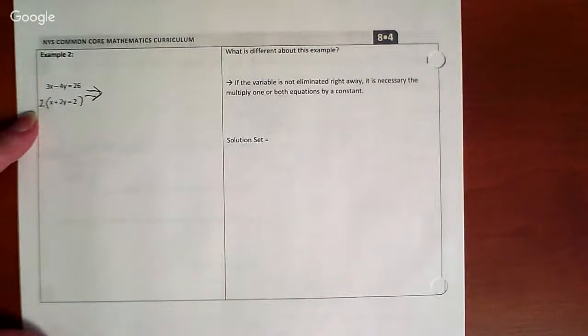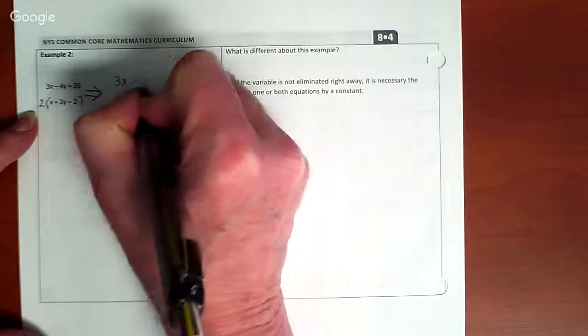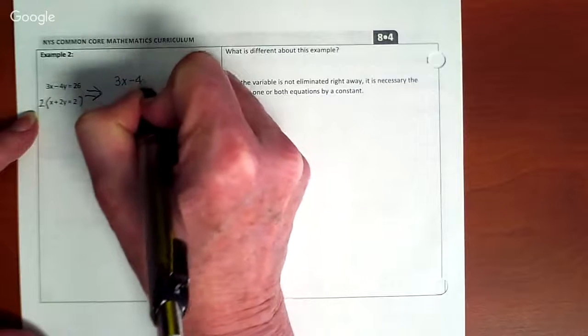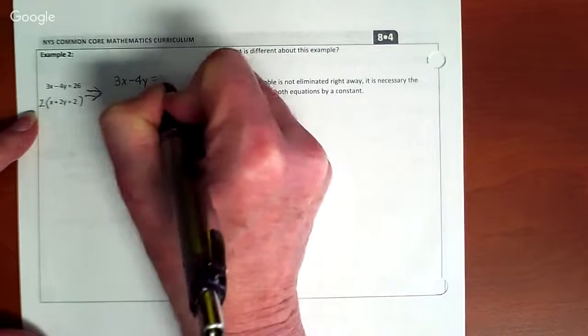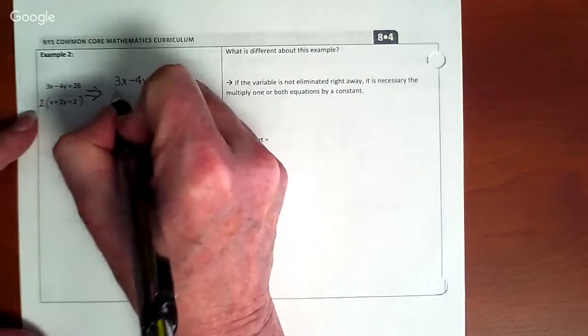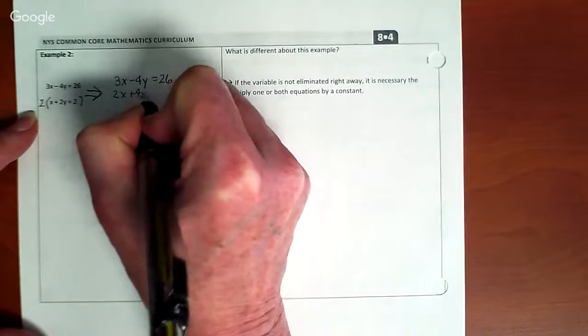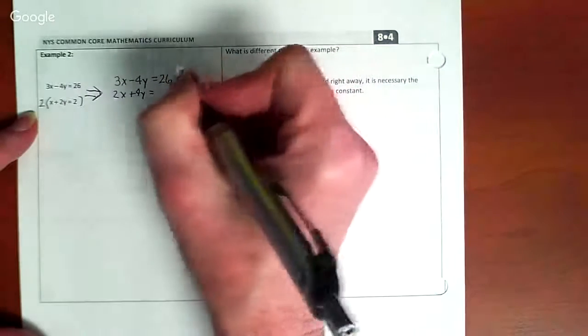So we have 3x minus 4y equals 26, and now 2x plus 4y equals 4.